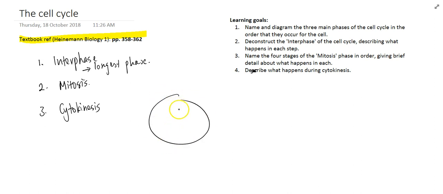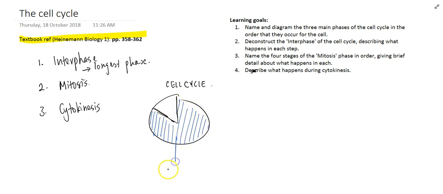Okay, so we have here the cell cycle. And most of the time spent by the cell here is interphase. This section here is mitosis.